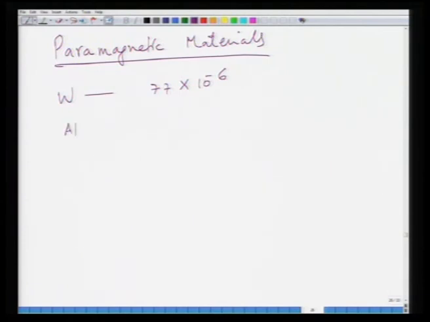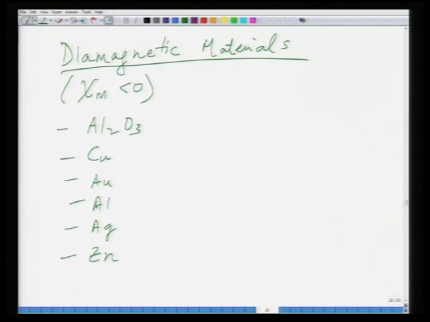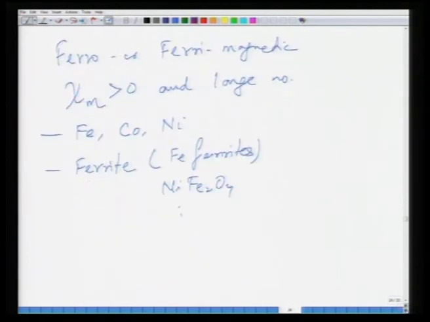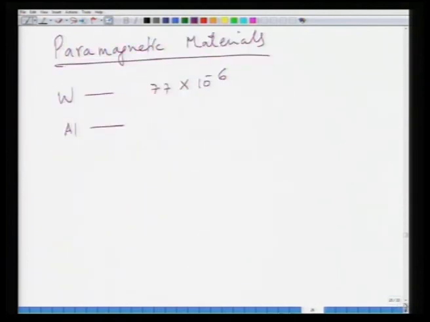You can have aluminum, which is, hang on, I think we can replace aluminum here. Aluminum is not diamagnetic, it is paramagnetic. So, aluminum is 20 something into 10 to the minus 6, and then you have platinum, which is something like 260 something into 10 to the minus 6. So, these are the values for paramagnetic materials.